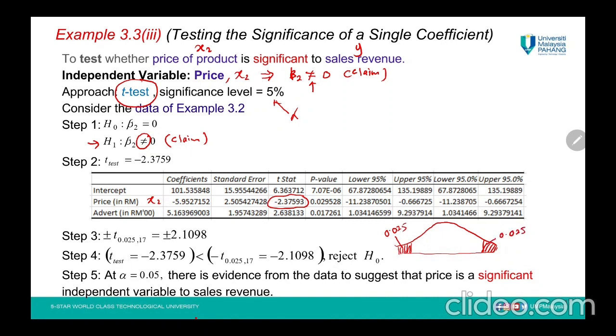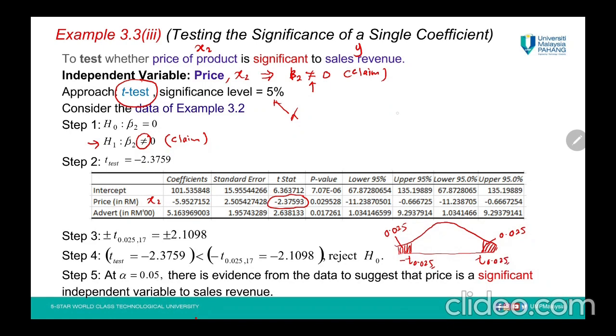So we have 2 rejection regions, which means we have 2 critical values: negative t 0.025 with degrees of freedom nu, and t 0.025 with degrees of freedom nu.